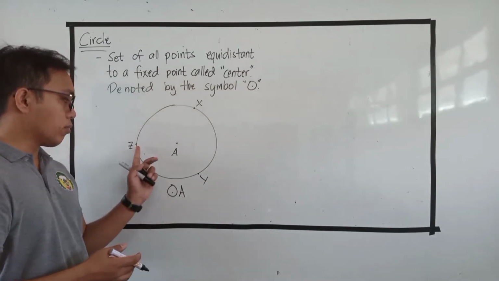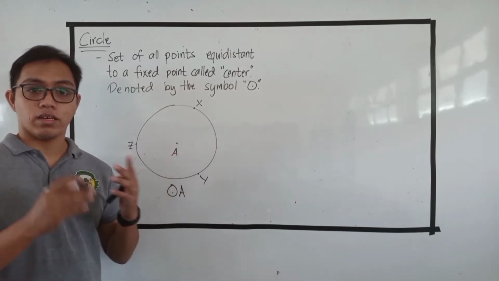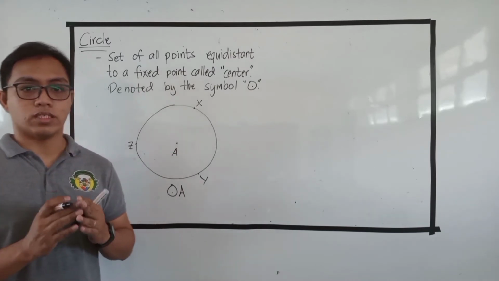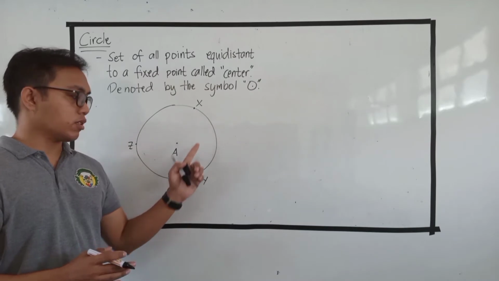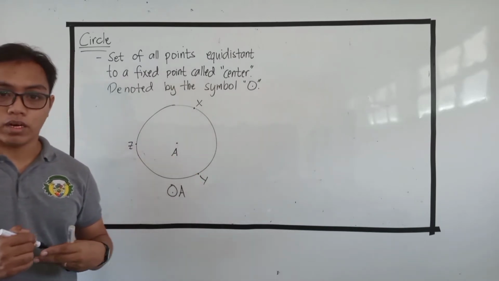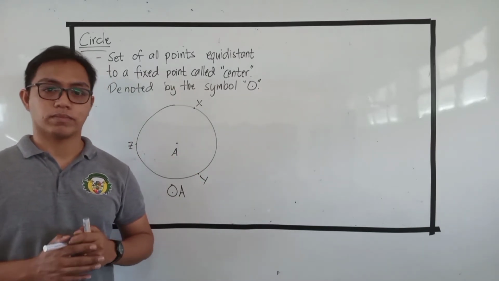And also, point Z to point A is equal to the distance of A to X and A to Y because of the definition of this.